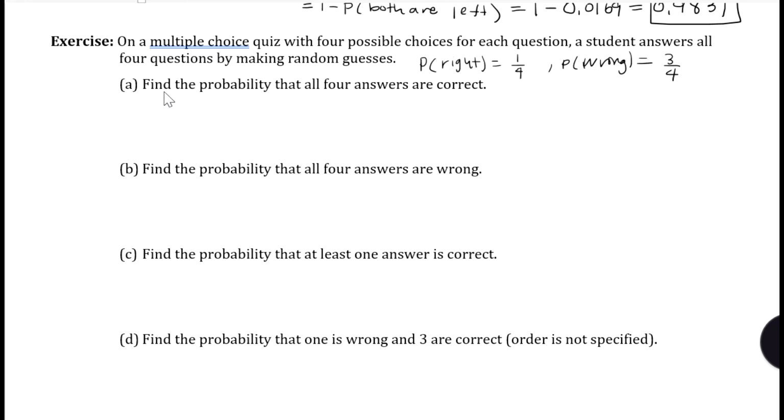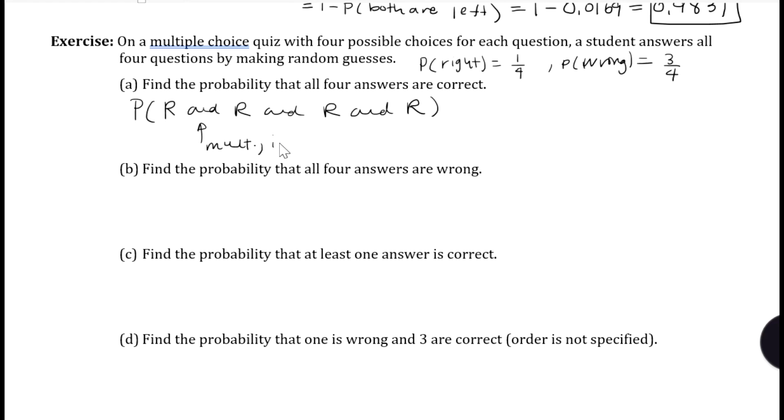Okay, what's the probability that all 4 are correct? That's the same thing as being right, and right, and right, and right. Okay, so we have "and", so we have the multiplication rule. And if you're right on the first question, is that going to influence you being right on the second question?